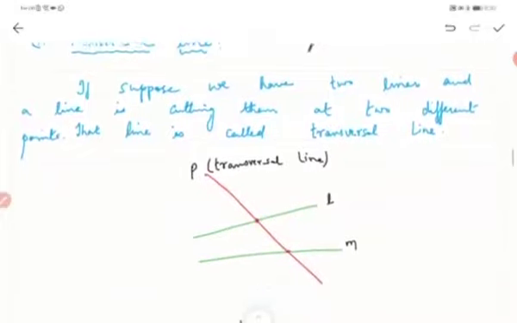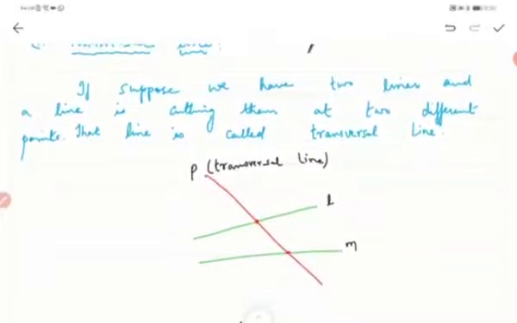So if you have any two lines like this, P is a transversal and L and M are the lines, and this transversal is cutting line L at this point and line M at this point. Now it's time for us to study the different angles formed because of this transversal.